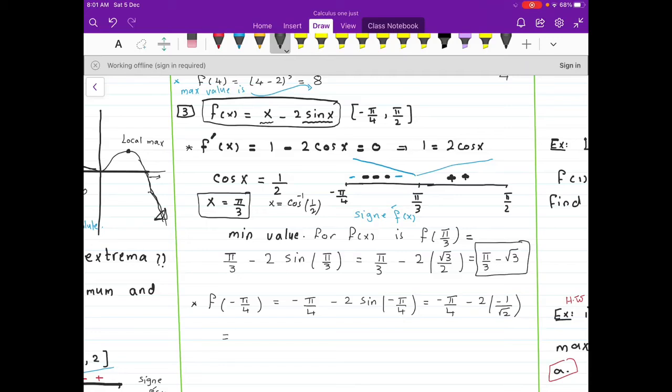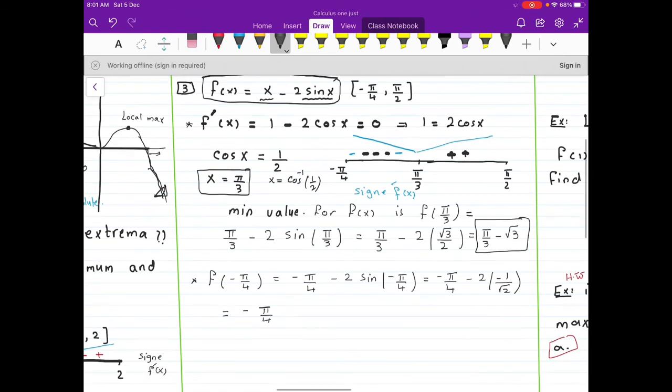So this is equal to minus pi over 4 plus 2 over the square root of 2.